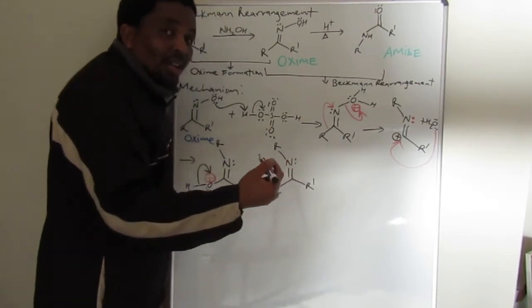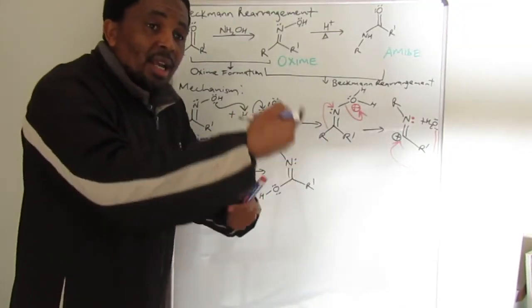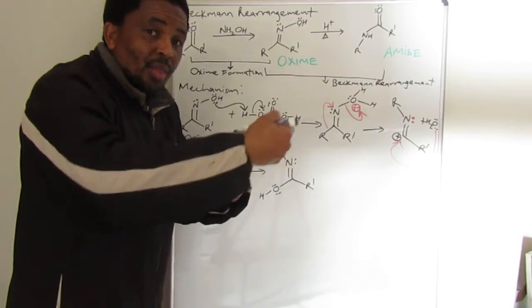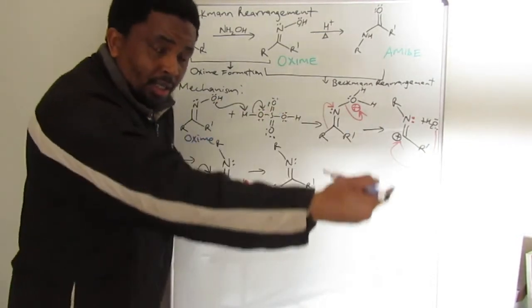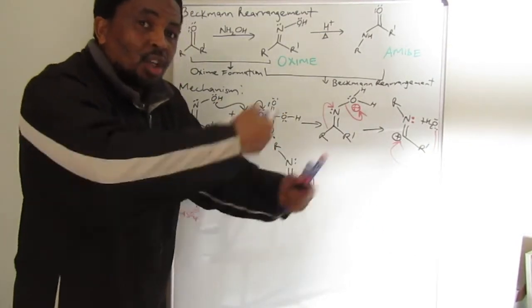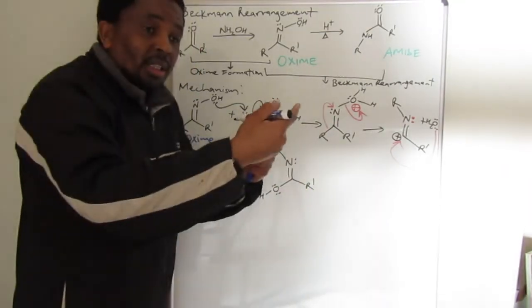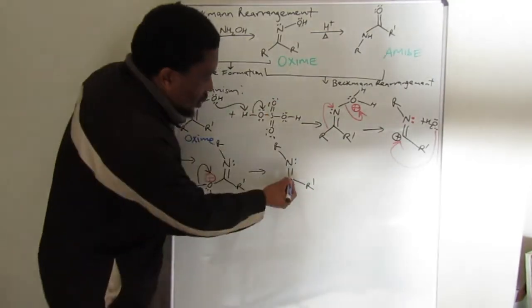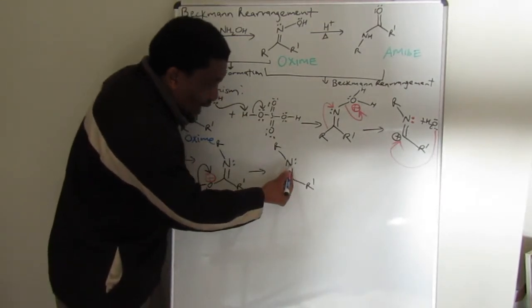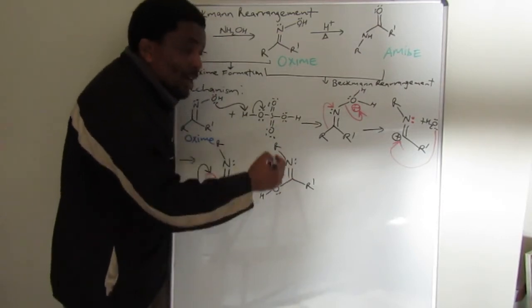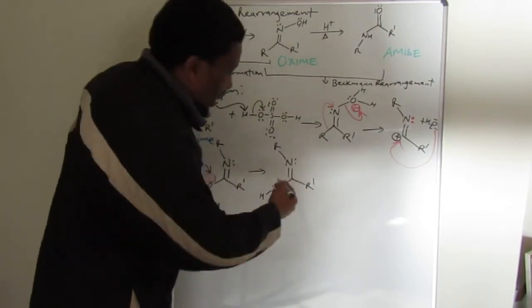Remember that whenever we have an ene and an ol, there will be tautomerism, a keto-enol equilibrium, where the keto form is more favored than the enol form. In this case also, the C double bond N, that is the imine, is less stable as compared to the keto form.